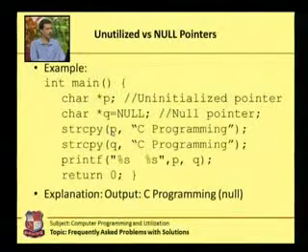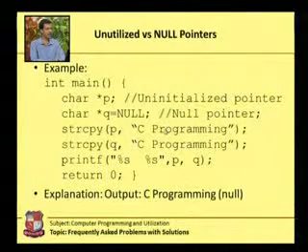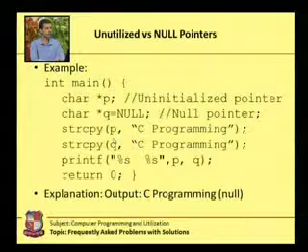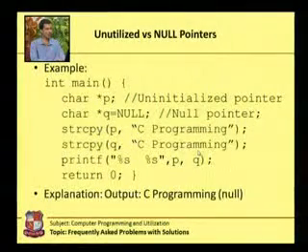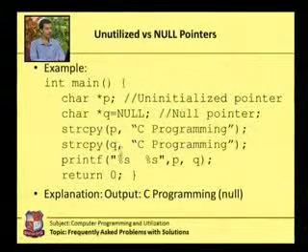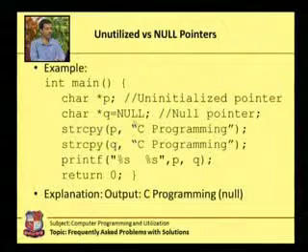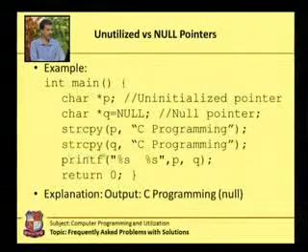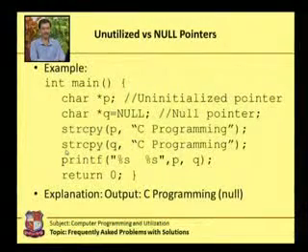So what will happen? C programming is copied into the address indicated by pointer p. But the second line is trying to copy "C programming" onto the address indicated by q. But you know what address q is indicating. q is indicating no address.